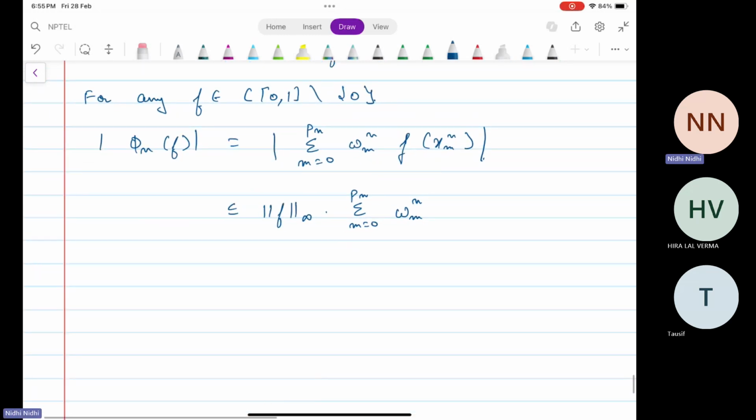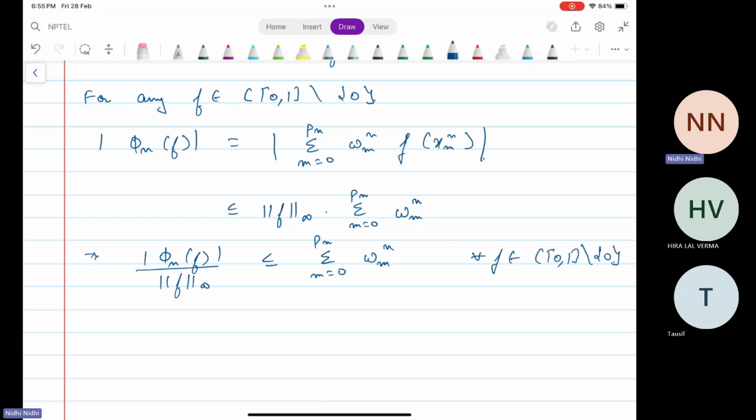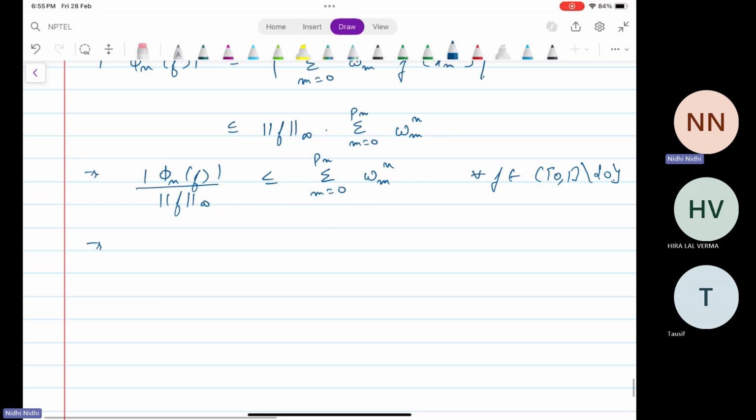That means mod phi_n(f) by sup norm of f is less than or equal to summation m from 0 to P_n of w_mn for every f in C[0,1] minus 0. And hence this norm phi_n is less than or equal to the summation m from 0 to P_n of w_mn.